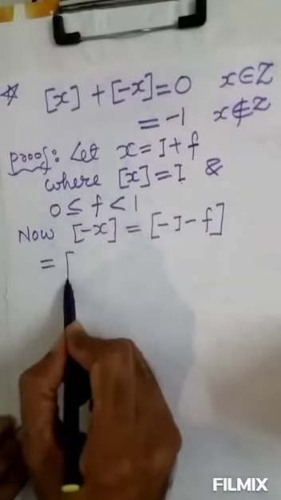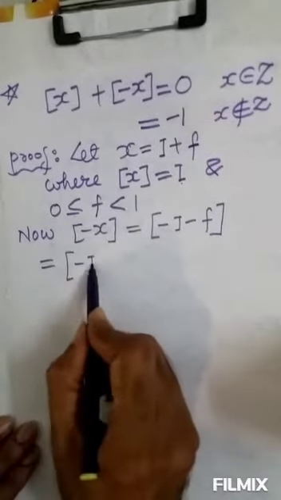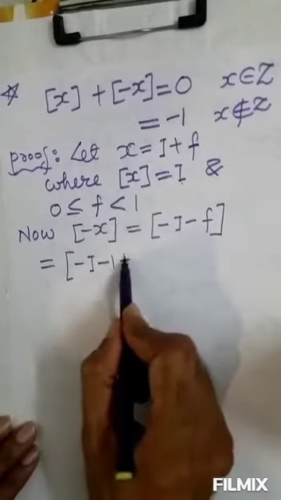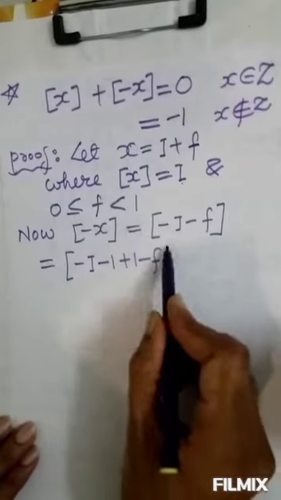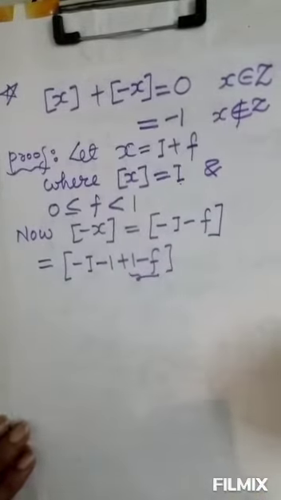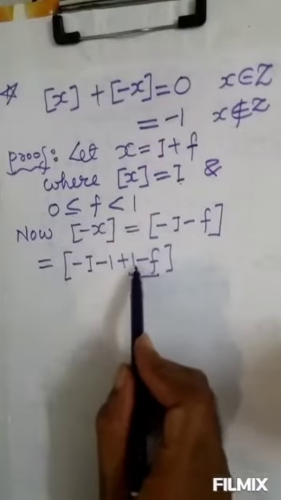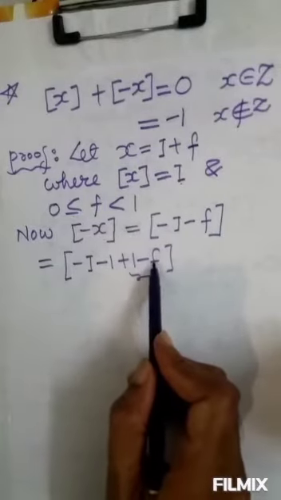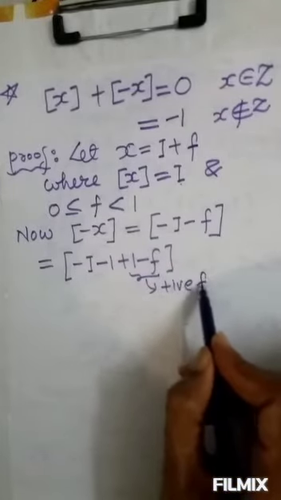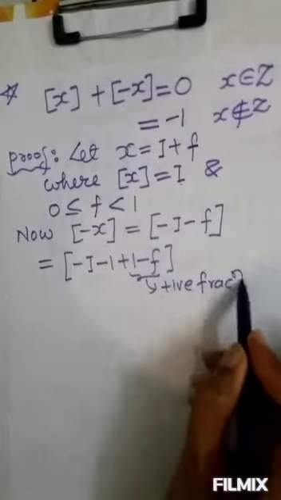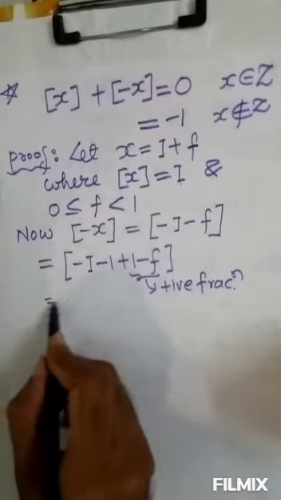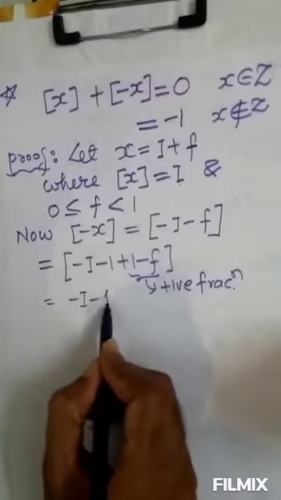In the next step, minus I minus 1 plus 1 minus f, so that 1 minus f again becomes a positive fraction. 1 minus a positive fraction will be a positive fraction only. So the greatest integral value of minus x would be minus I minus 1.